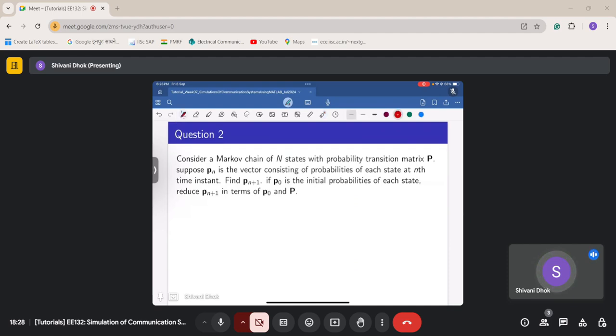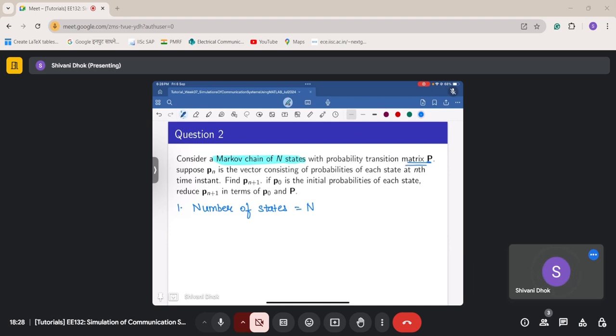The second question says, consider a Markov chain that has n states. So what we are given is, first, the number of states is n.